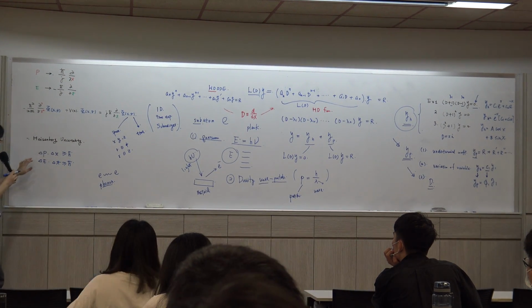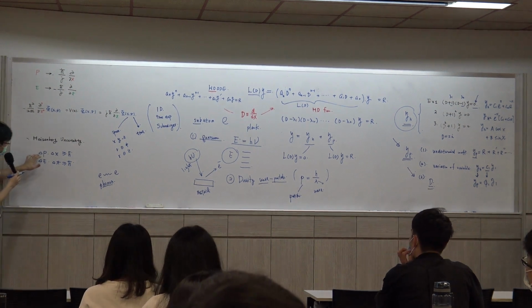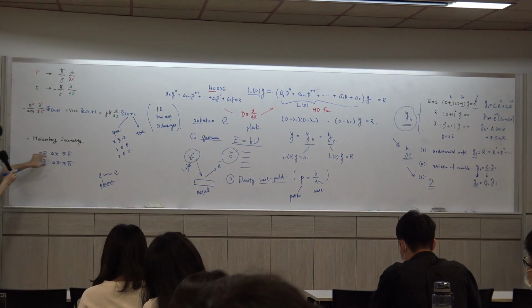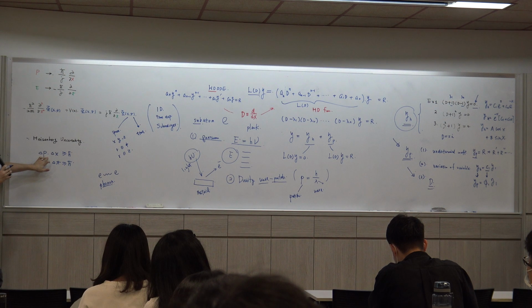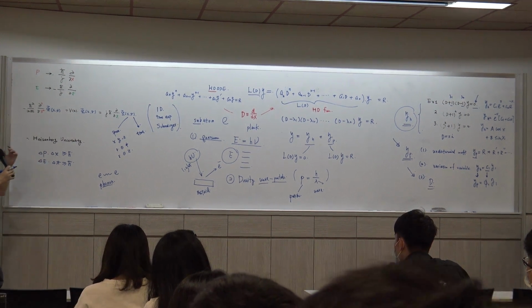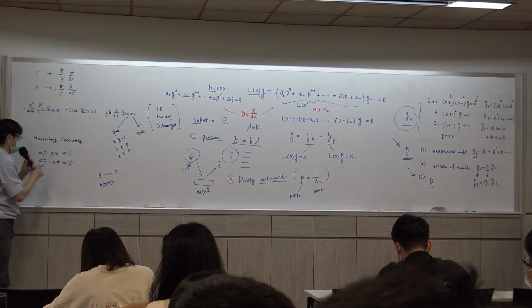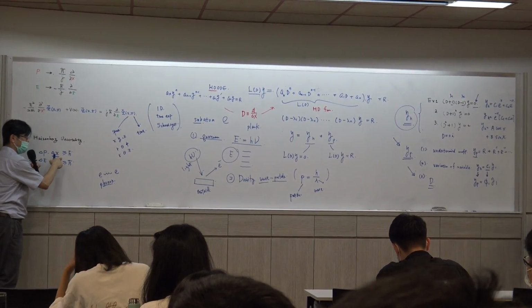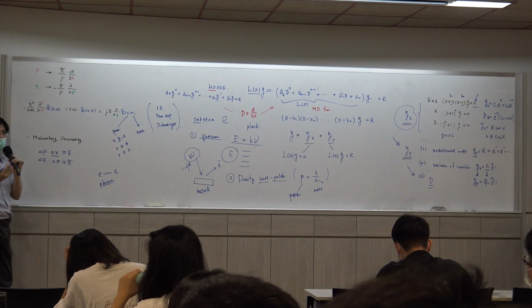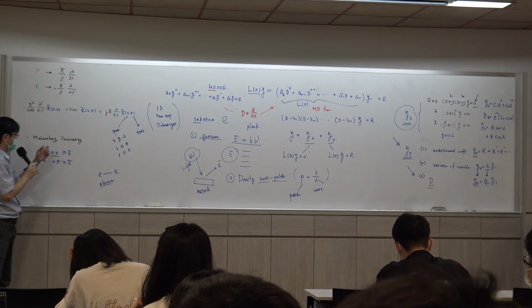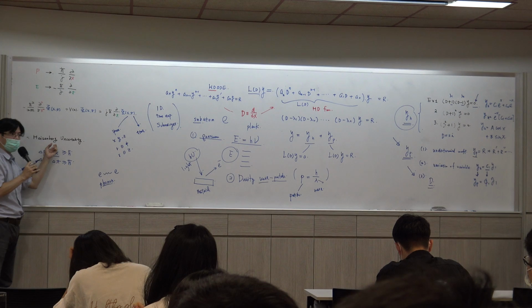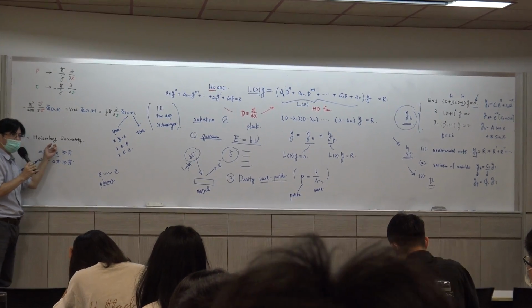So if delta P, the variation of momentum, is highly reduced, at the same time the delta x will become very, very big. It means the location is not determined precisely, right?